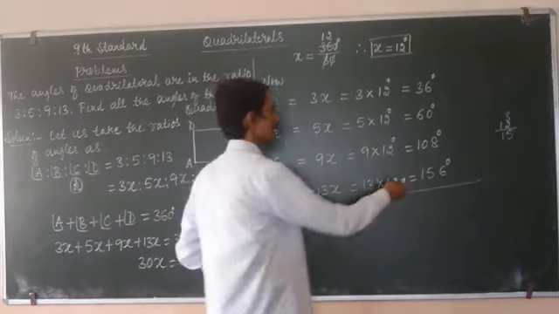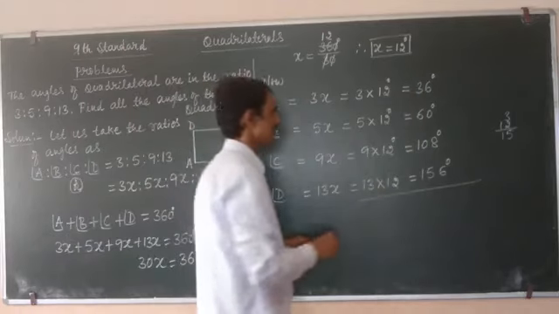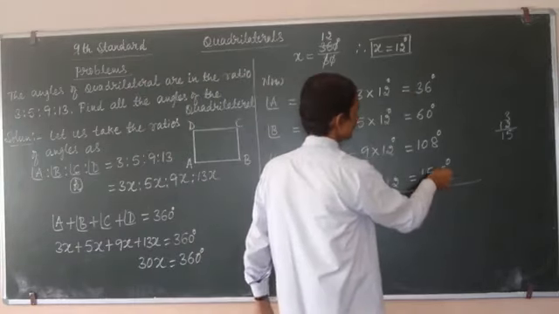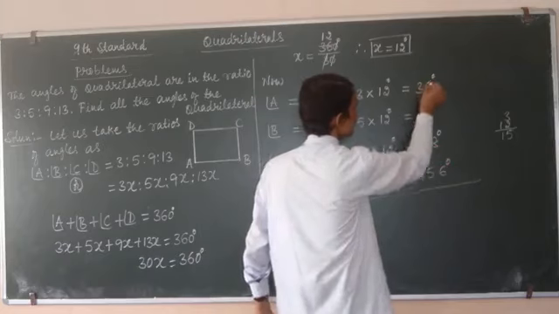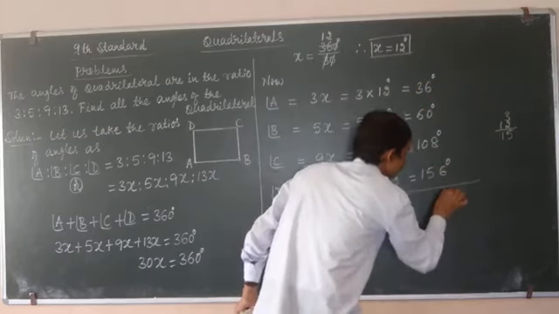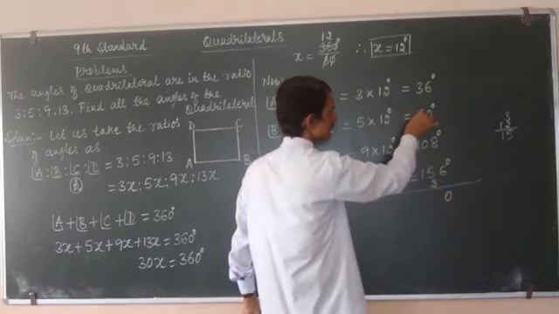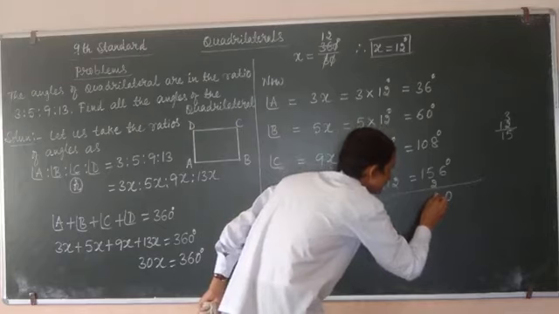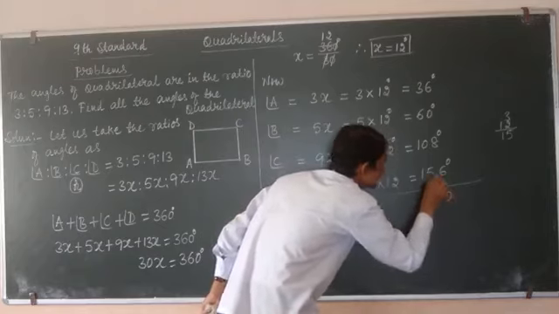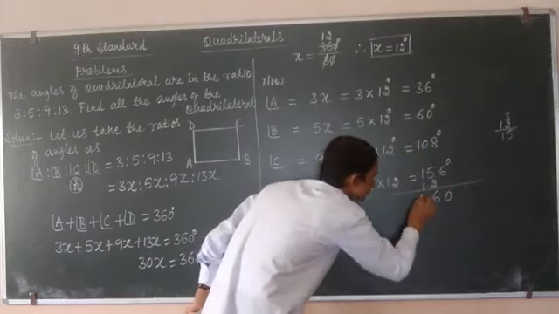If you add the four angles, it should be equal to 360 degree. 6 plus 8 is 14, 14 plus 6 is 20, 2 carry, 5 plus 2 is 7, 7 plus 6 is 13, 13 plus 3 is 16, 1 we carry, 1 plus 1 plus 1 is 3.